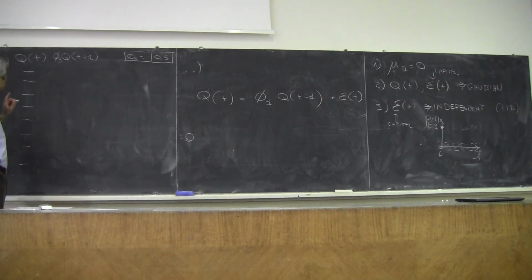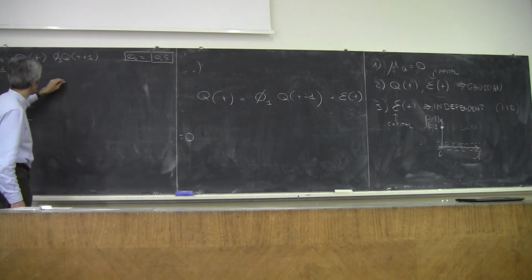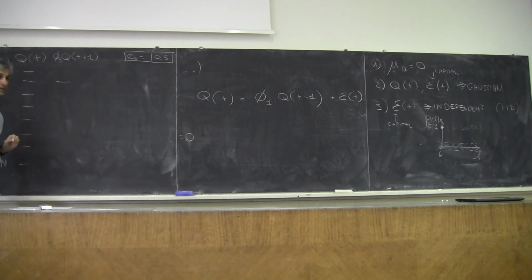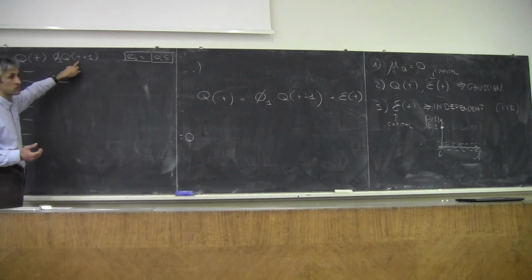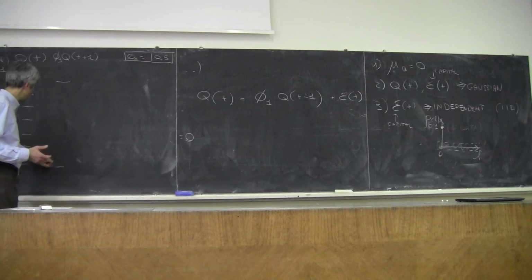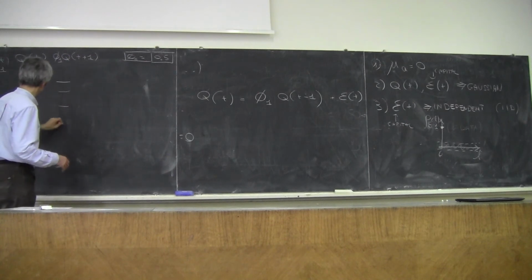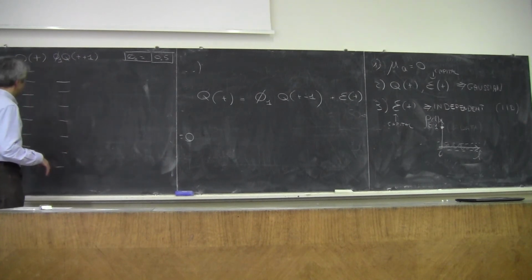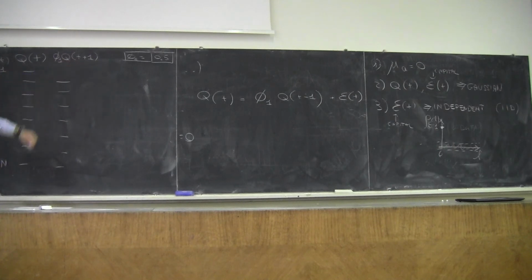And of course, you cannot start from the first data, but you can start from the second one, because for the first you don't have the previous value. So you have to start from t equal 2, but you can go until n. This is very easy because you fix the value of phi1, and so you get here.